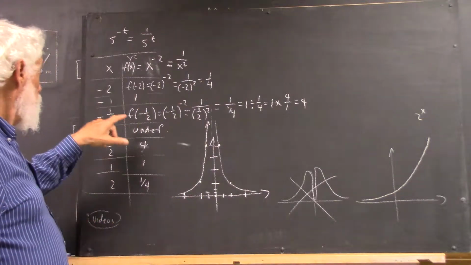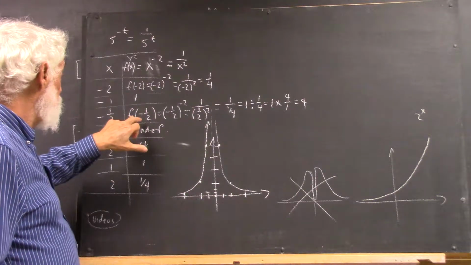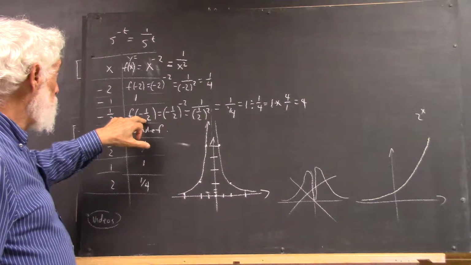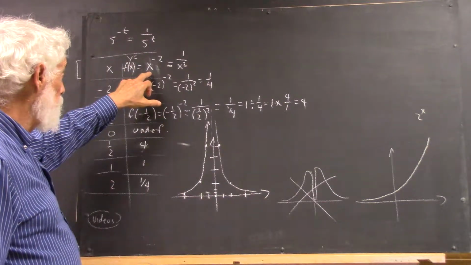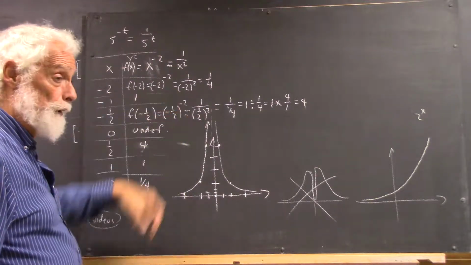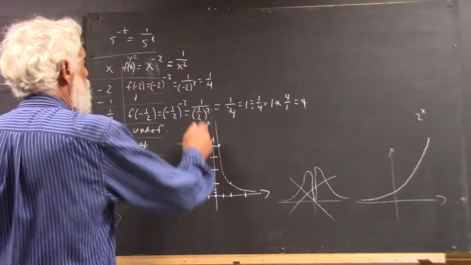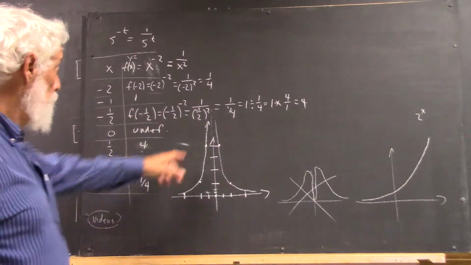A student did ask that I write this out again for x equals negative 1/2. Well, okay, x is replaced by negative 1/2, so we're going to replace this x by negative 1/2. We're going to get negative 1/2 to the negative 2. And that's going to be 1 over, now I was a little careless, I didn't write the negative, it should have been negative 1/2 squared.